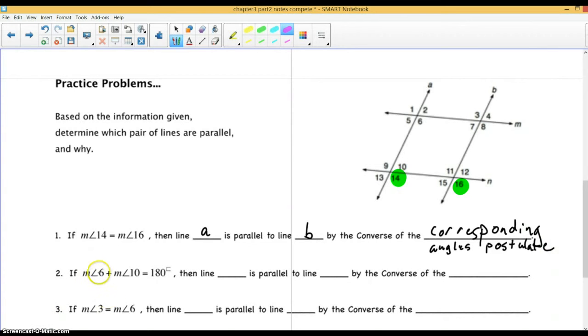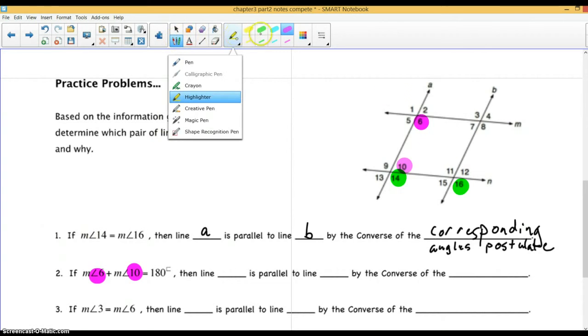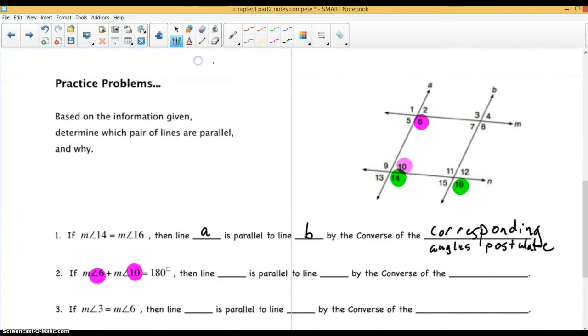In our second example, we're given angle 6 and angle 10. So we find those on our picture on the side. Both of those angles, 6 and 10, are on the interior of our diagram, so they're along the transversal in between our two lines that we think are parallel. And both of those are to the right hand side of the parallel.